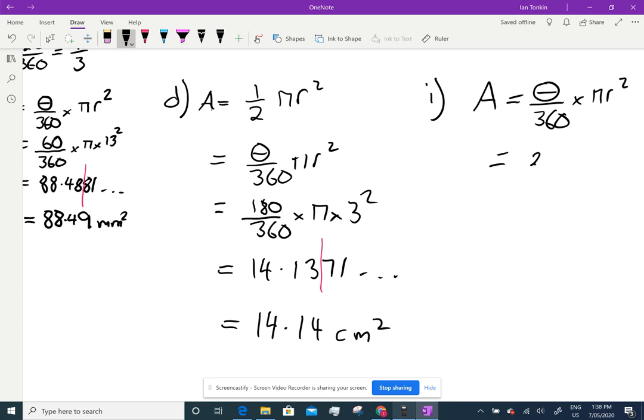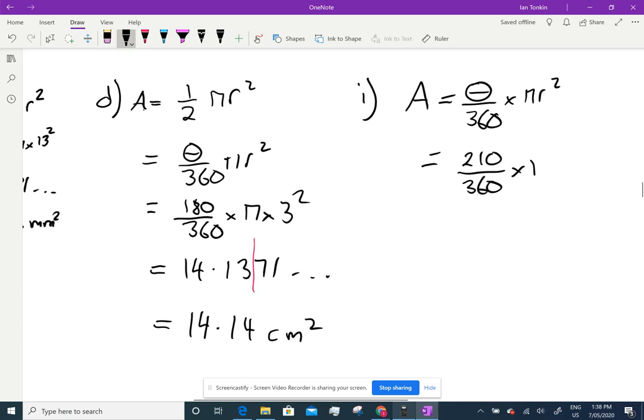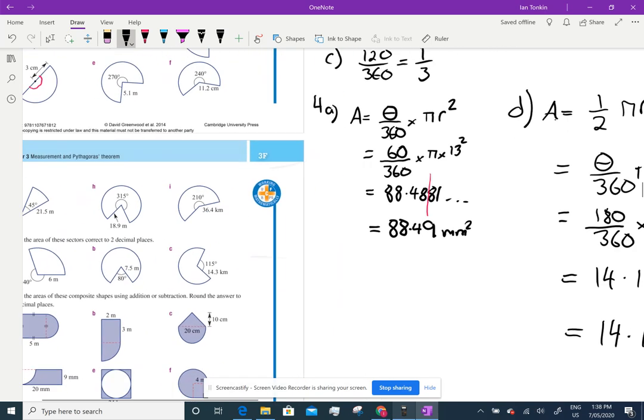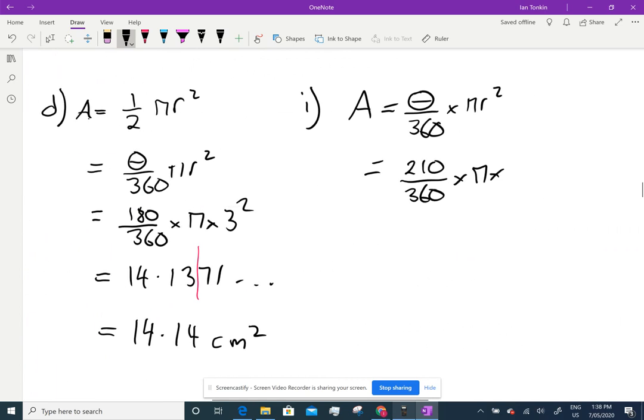And what was it? 210 on 360 times pi. Now what was the radius? 36.4. 36.4 squared.